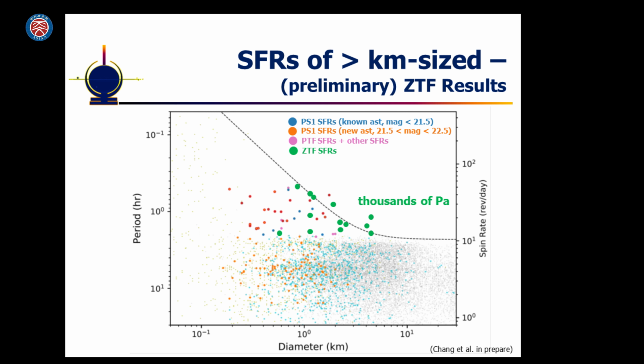When I plot them onto the diameter and period diagram again, the green symbols are the new superfast rotators from ZTF. And you see, we start to find something over here, not here. We are still trying. For example, these 3 superfast rotators request a cohesion up to thousands of Pascal, which equals something like clay on Earth.